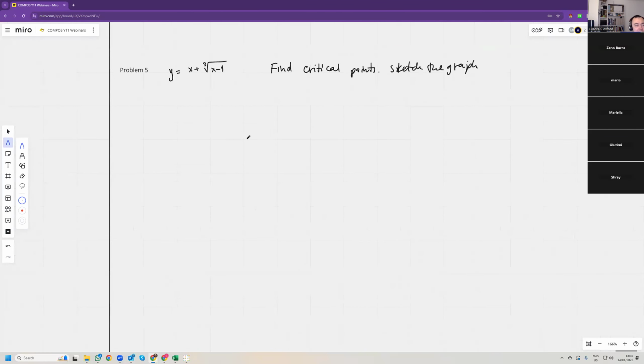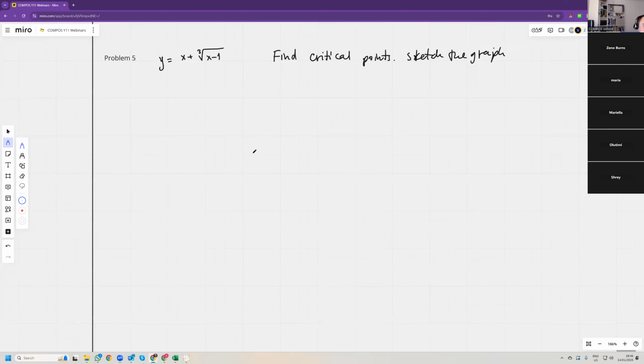Problem 5. Find critical points, sketch the graph. So very similar task. So we have the domain. There are no limitations on x. So domain: x is any real number.